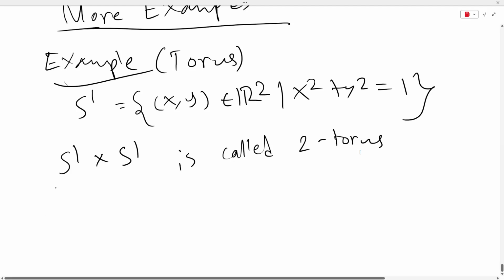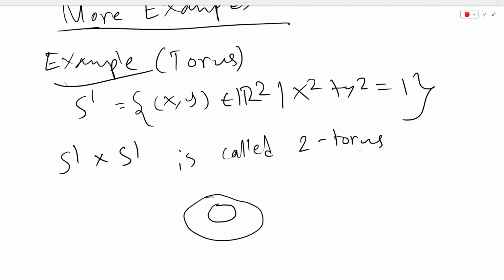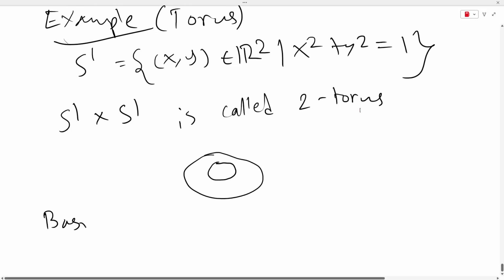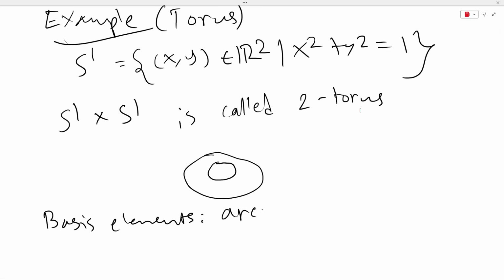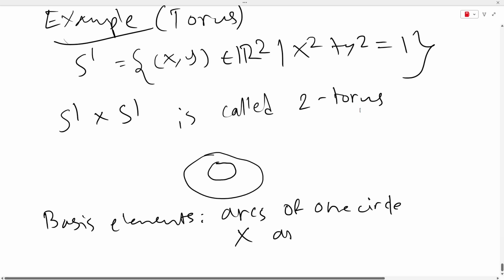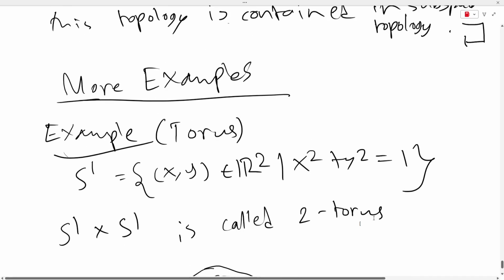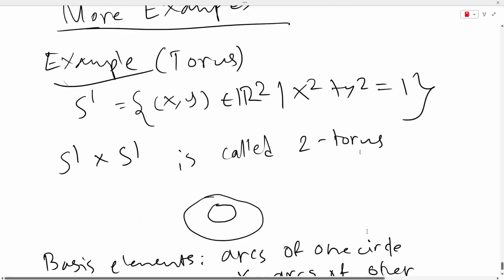Basis elements are arcs of one circle times arcs of the other. So multiplying two circles actually gives you this torus. That's an example of a product topology.